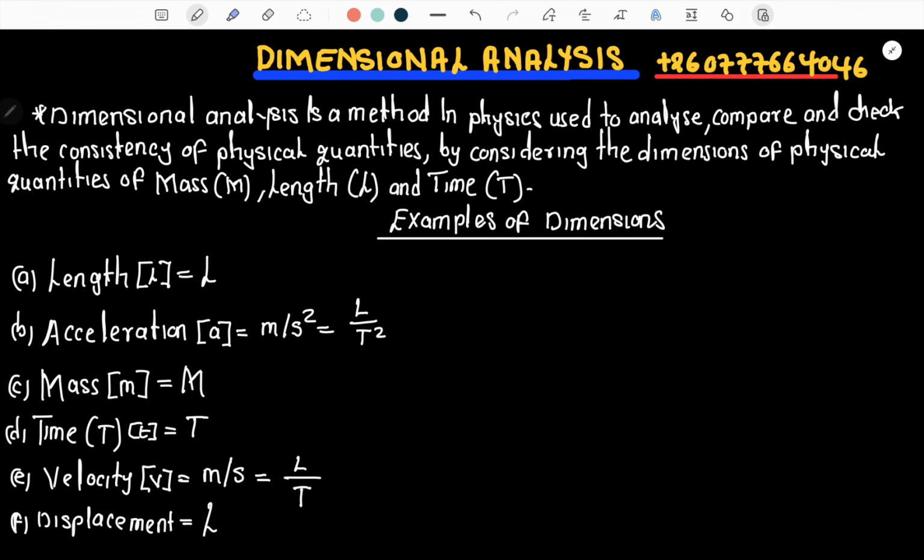So this becomes L. Now, having understood these dimensions, these are very important, and most of the things will actually come from whatever we have listed on the board. Now, I want to give you this very important concept.